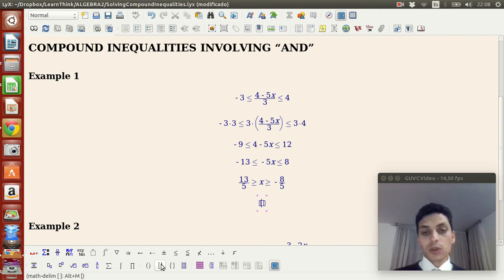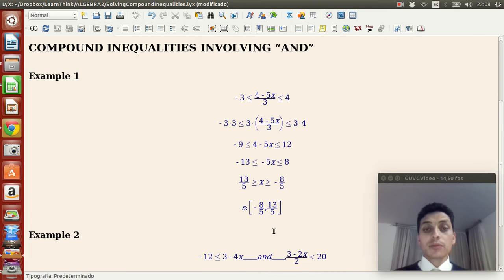So we can say that the solution is the interval from minus 8 fifths, comma, 13 fifths. This is our solution. You can graph the interval. It's something that you can try and show to your teacher how to graph the interval.